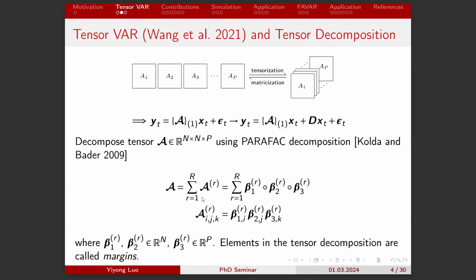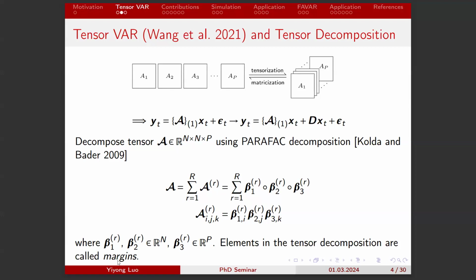And each curly A_r can be further decomposed into 3 vectors with these dimensionalities. The product of the i-th, j-th, k-th elements of these vectors forms the ijk-th element of curly A_r. If you feel a little confused about what PARAFAC decomposition is, it is totally fine. The only thing you need to know is that curly A will transform into capital R sets of vectors, and each set has 3 vectors.